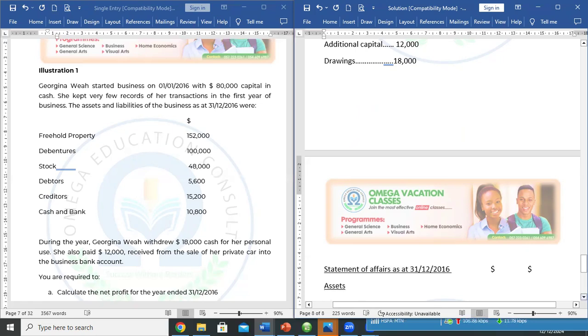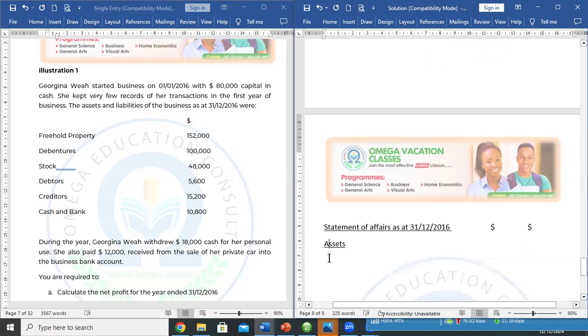The first one is freehold property, and that's 152,000. Apart from that asset, do we have any other assets? Yes, we have the stock.